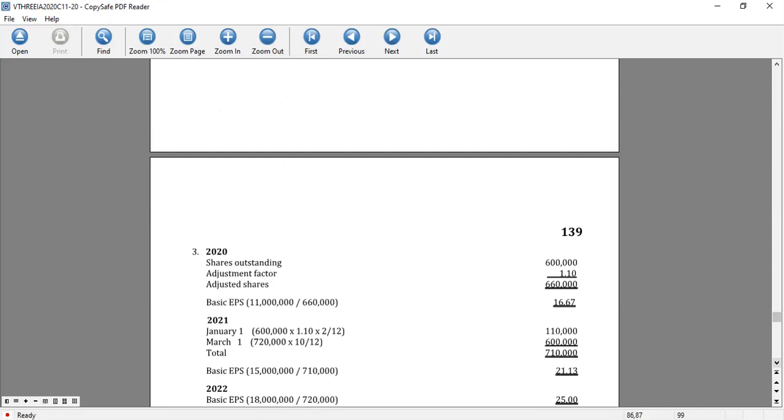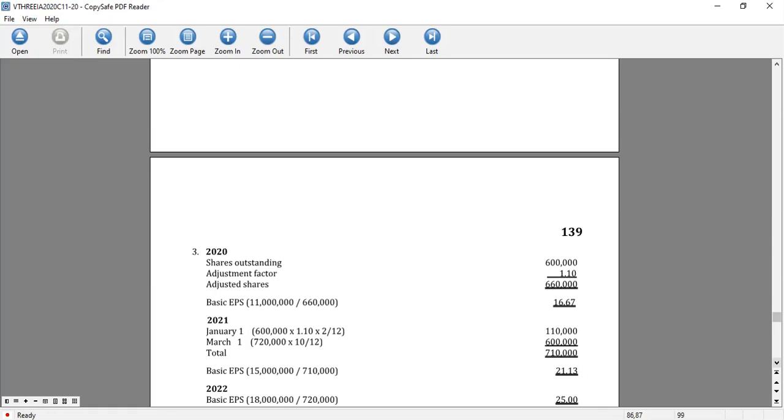Compute the basic earnings per share for 2020, 21, and 22. So for shares outstanding of 600,000, that's the number of shares outstanding during 2020, and the adjustment factor is 1.10.